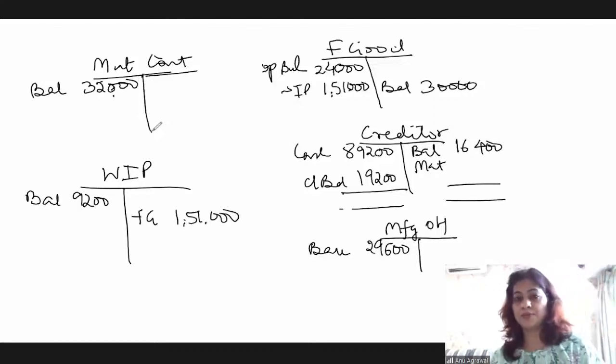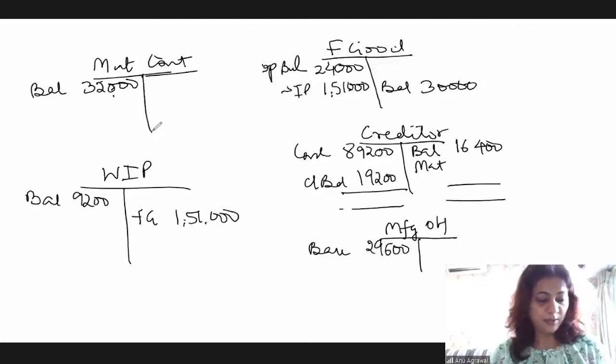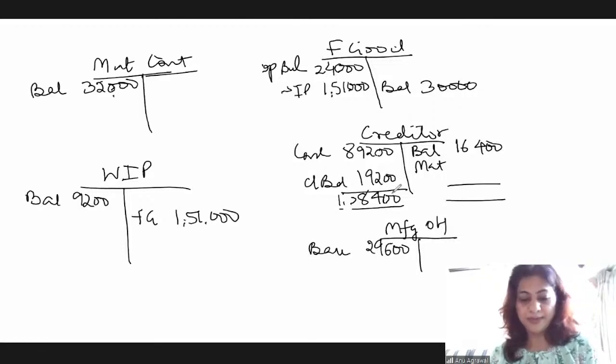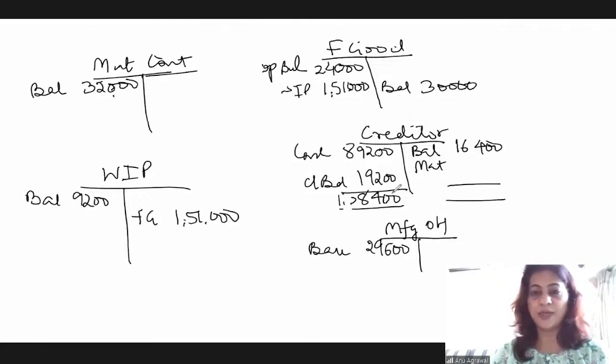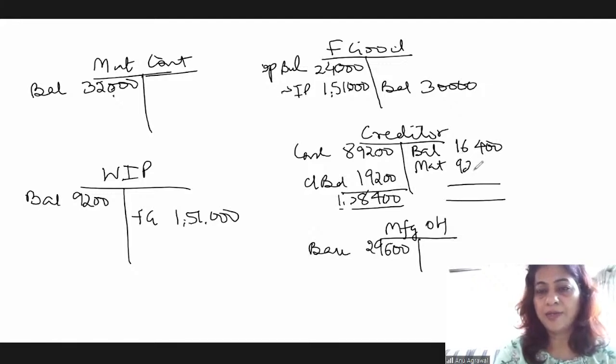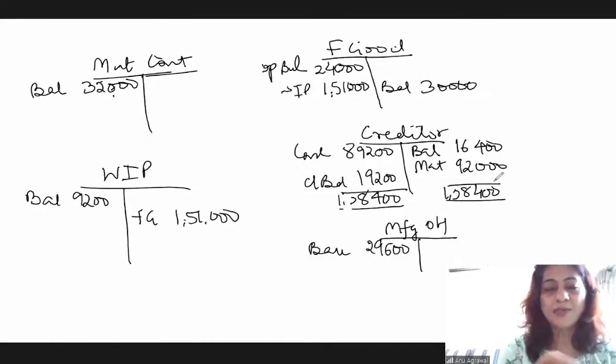Simple accounts. So can I tally this account? It is 89,200. From there, you subtract 16,400, and you get 92,000.